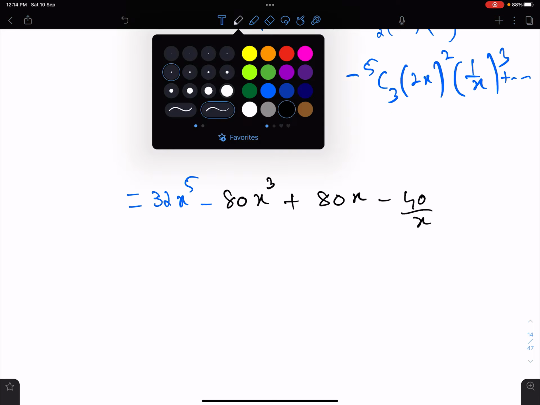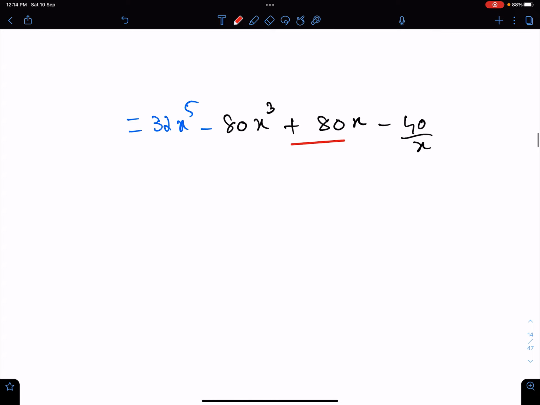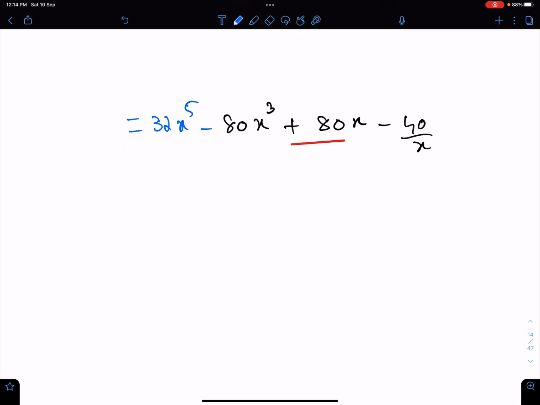So this is the coefficient of x, plus 80. The answer of the first part is plus 80. Make sure you write just 80. Don't write 80x, because the coefficient is required.